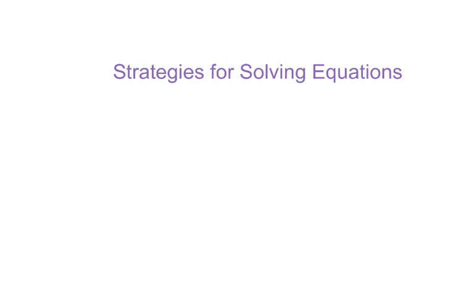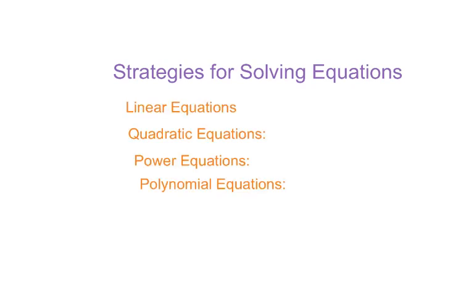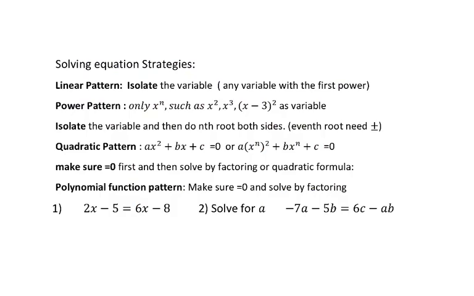This lesson is about strategies for solving all different kinds of equations, such as linear equations, quadratic equations, power equations, and polynomial equations. So, what's a linear pattern equation? Make sure your variable is to the first power.